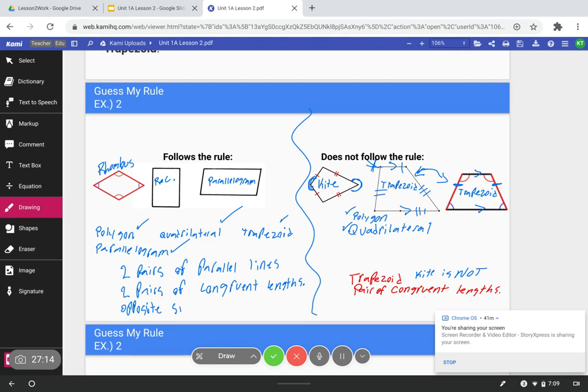So opposite sides are parallel and congruent.